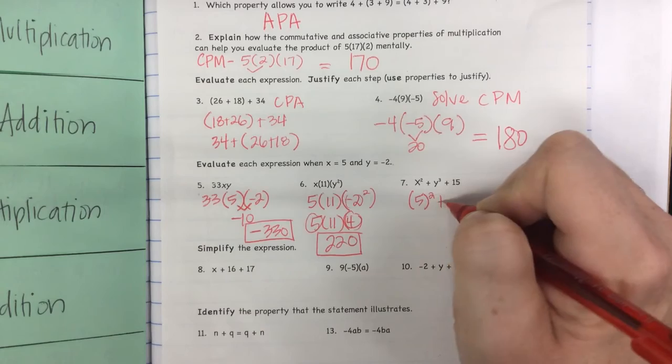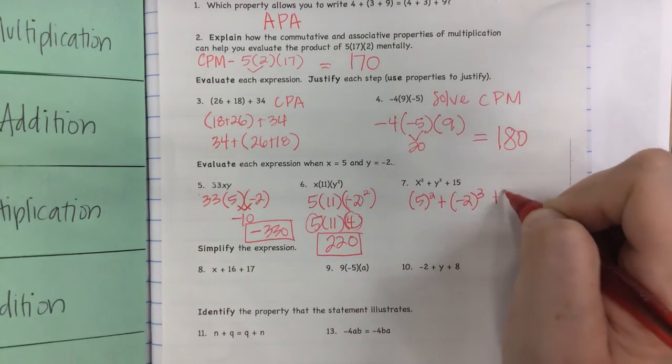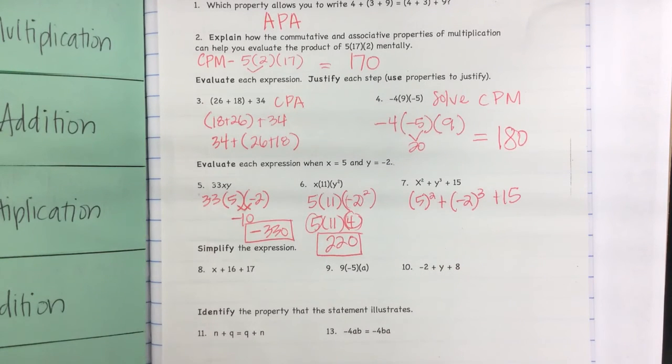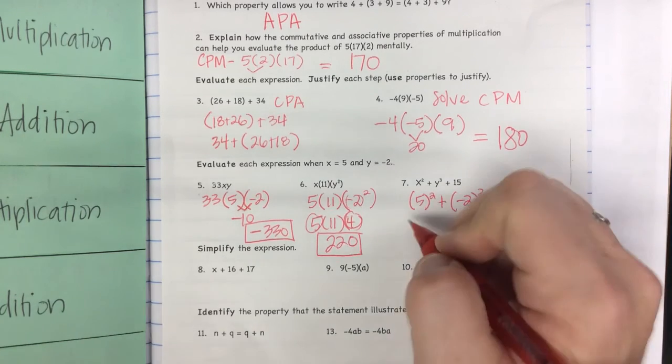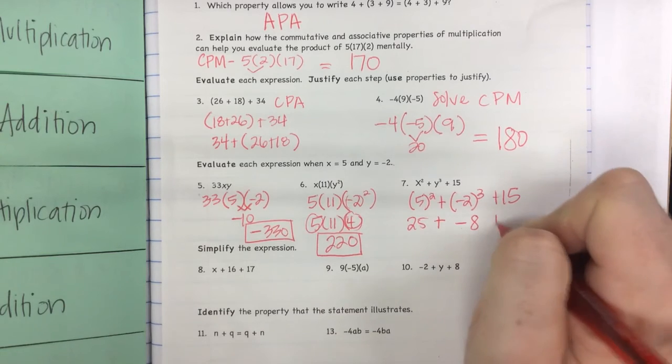5 squared plus negative 2 squared to the third plus 15. 5 squared. What's 5 times 5? 25. Plus, what's negative 2 times negative 2? 4 times negative 2. Negative 8 plus 15.